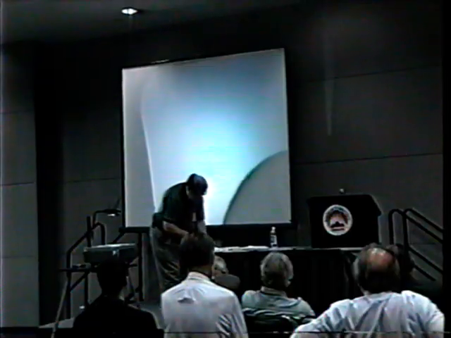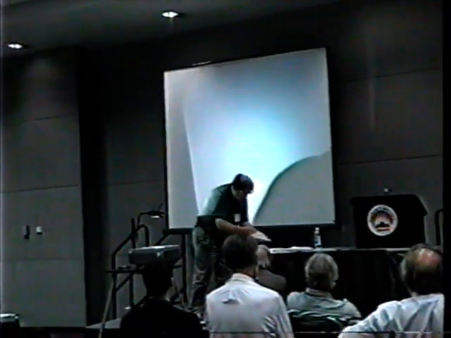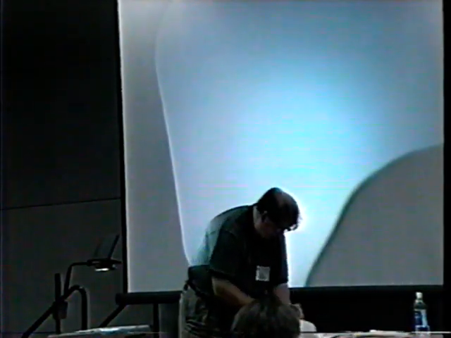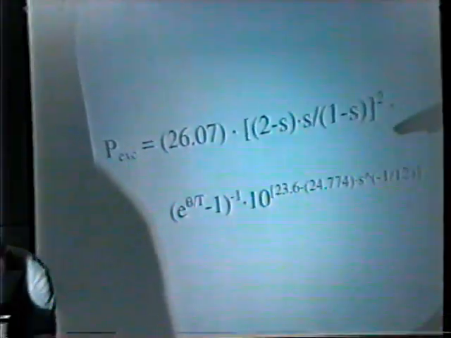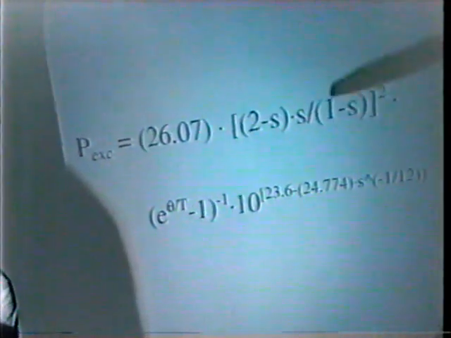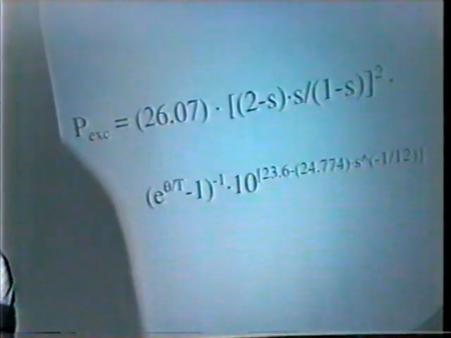Here is the final formula for this. So here's the overall formula that comes out of this. Now, you can see the statistical mechanical factor involving the filling fraction S, the stoichiometry.